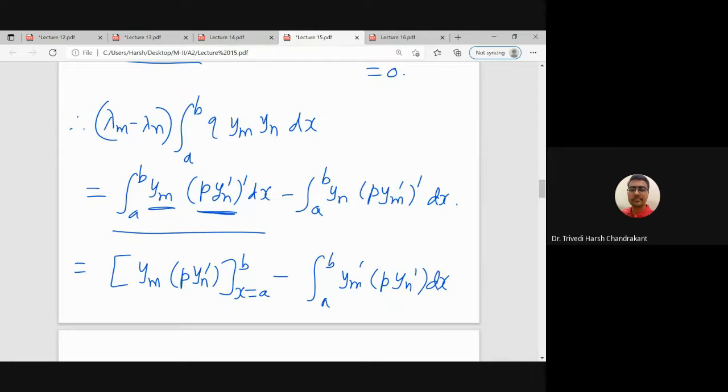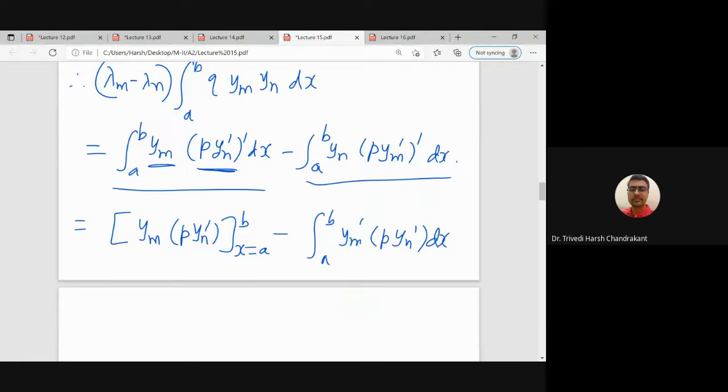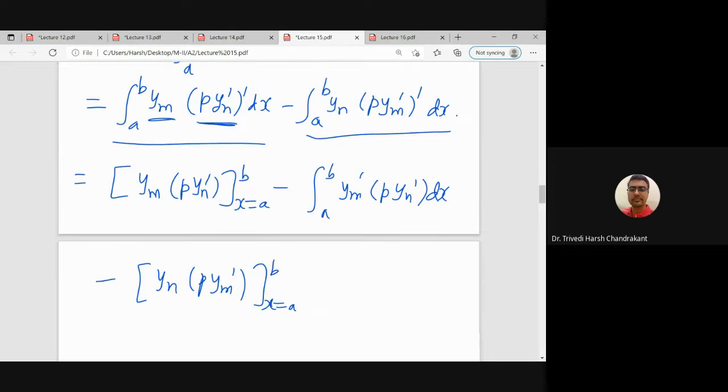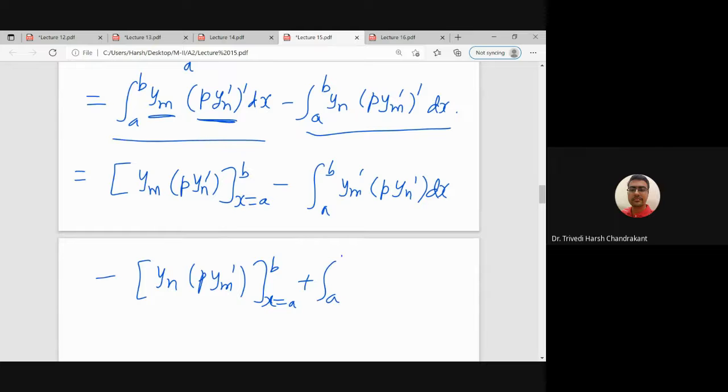So that is the first integral. Now second integral, similarly, if we expand, we get yn p ym dash, limit is from a to b, plus integral a to b yn dash p ym dash dx, right?